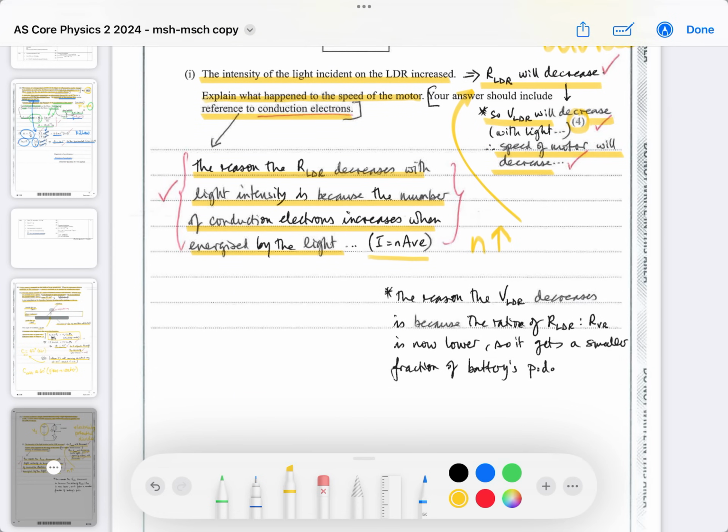Yeah? And the reason the voltage of the LDR decreases is because the ratio of the resistances now is less for the LDR, and therefore as its resistance is lower, it will get a smaller share of the battery's potential difference.